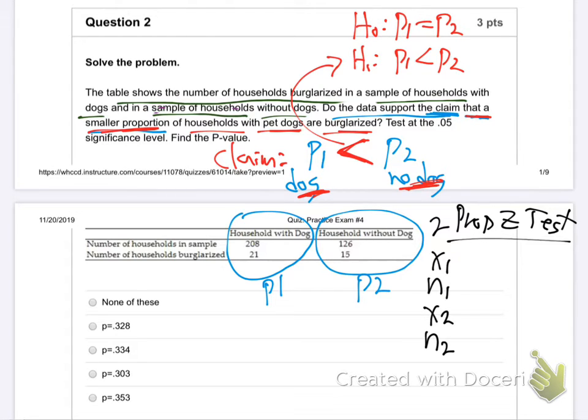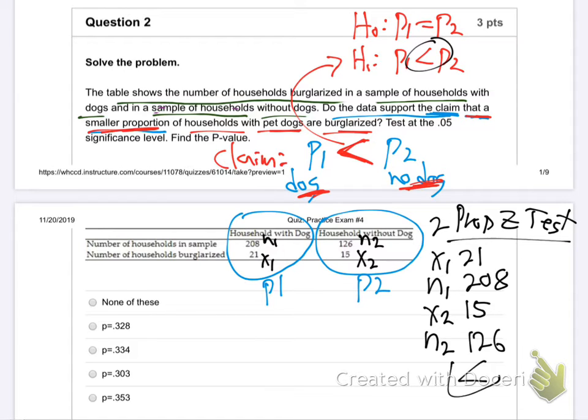N is always the total number, right? So 21, 208, X2, N2, 15, 126. And we're supposed to do less than. The arrow is less than. So let's put those numbers in our calculator.